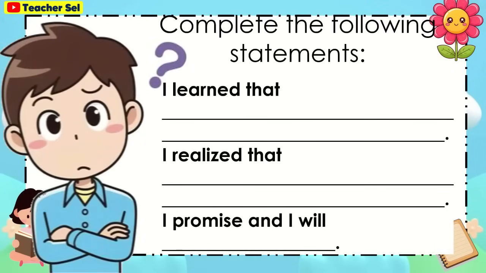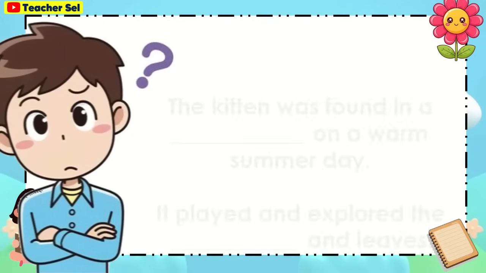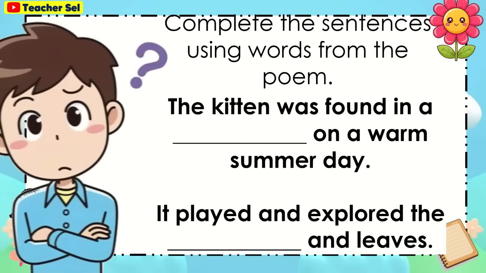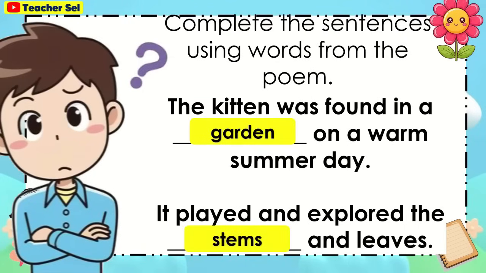Complete the following statements. I learned that, I realized that, I promise, and I will. Complete the sentences using words from the poem. The kitten was found in a garden on a warm summer day. It played and explored the stems and leaves.